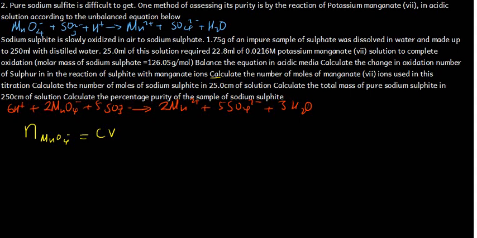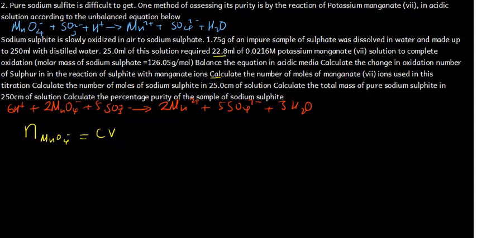Now we've been told that we got 25 milliliters of solution and then reacted with 22.8 milliliters of what? 0.0216 molar potassium manganate. It is from this potassium manganate that we got the manganate ions, and so the concentration has been given as 0.0216 molar, which is mole per liter, and then multiply.